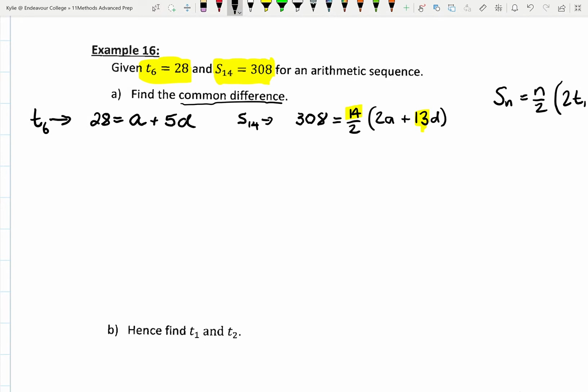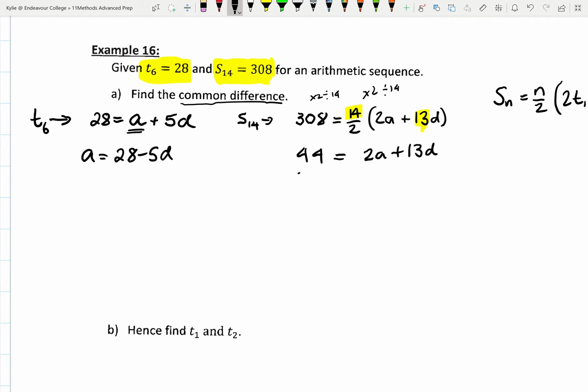We want to find the common difference, so let's eliminate a. So a equals 28 minus 5d. On the sum to 14, we multiply by 2 and divide by 14 on both sides to get rid of this fraction out the front, and it becomes 44 equals 2a plus 13d.